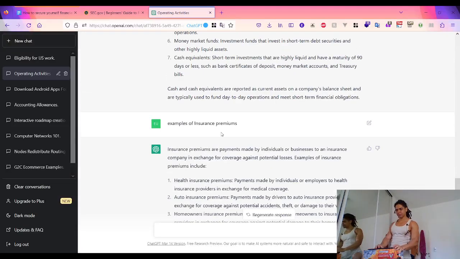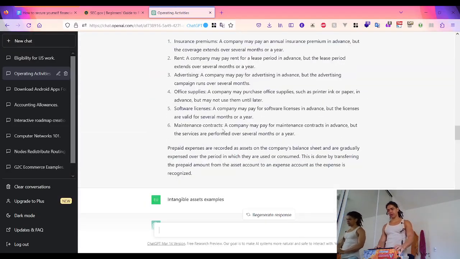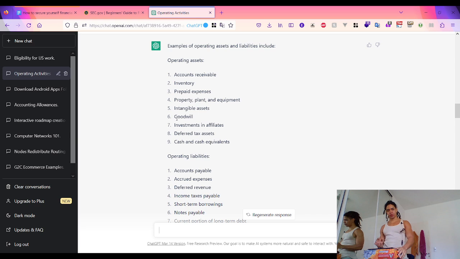Here we are, right? The operating assets. Okay, operating assets and liabilities. So first, I'll look at the operating assets like accounts receivable, inventory, and prepaid expenses, which the company pays in advance for things it is going to consume.